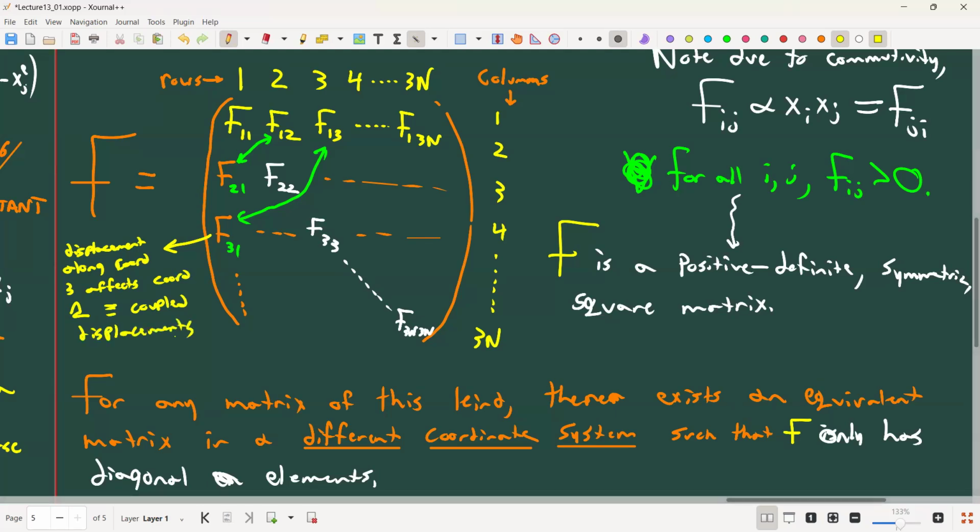But think about that same interpretation for the ones in the middle. This is saying if I move along 3, this element tells me how it affects coordinate 3. Okay, great. This is just something that tells you something about that specific coordinate. So if I could choose a set of coordinates where they're all diagonal, then they're all independent.